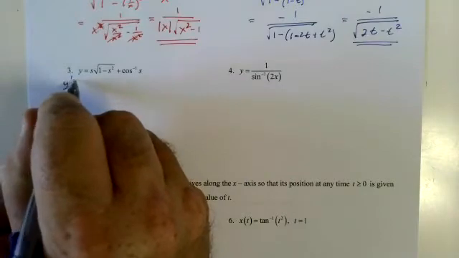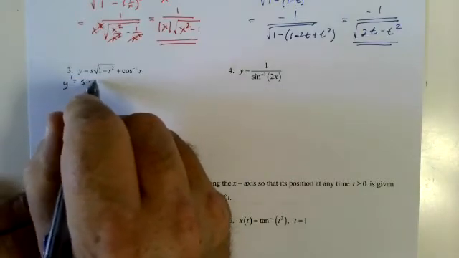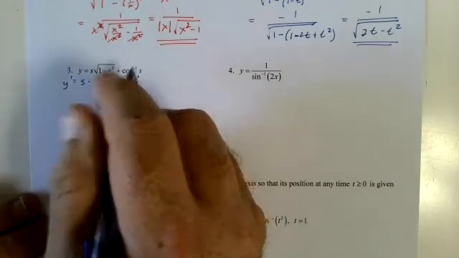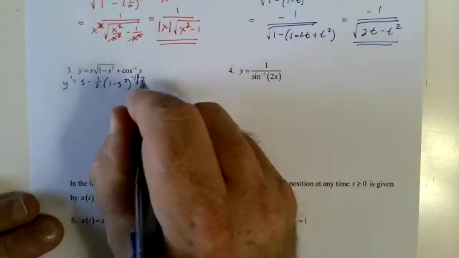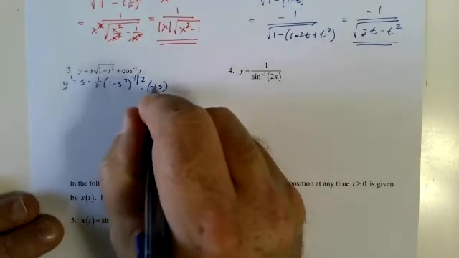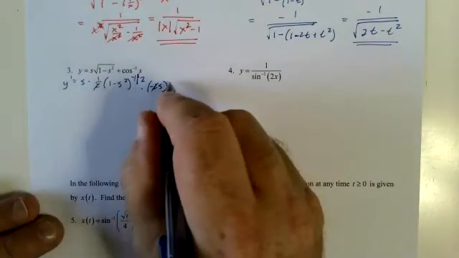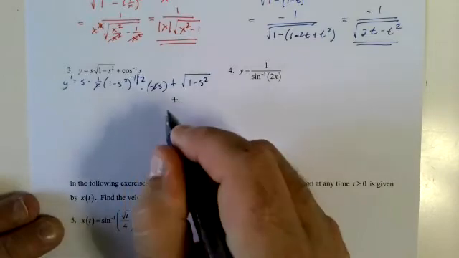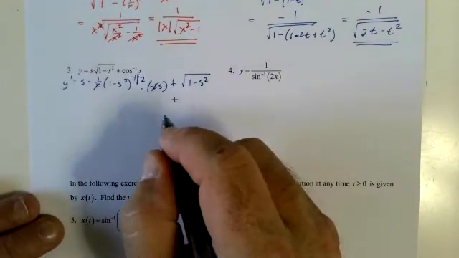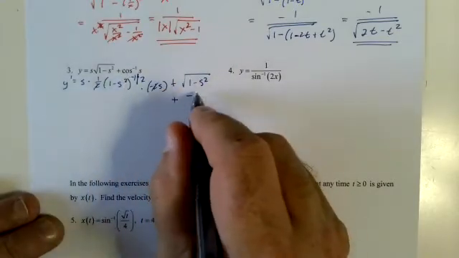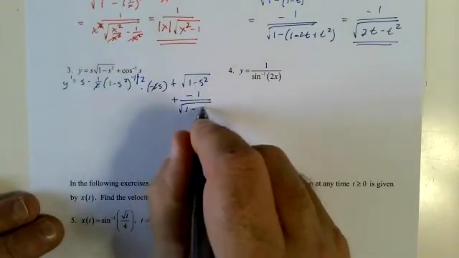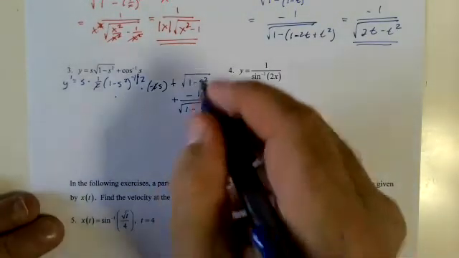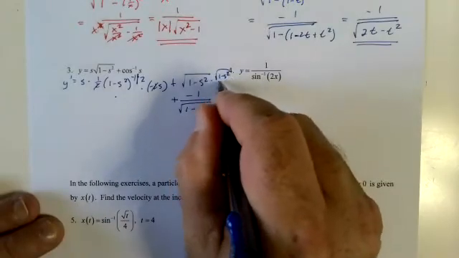So y prime equals, leave it, 1/2 times 1 minus s squared to the negative 1/2 times negative 2s, cancel, plus the square root of 1 minus s squared, plus cosine, negative 1 over the square root of 1 minus s squared. This is on the bottom, so we get a common denominator. We're going to multiply this by that.